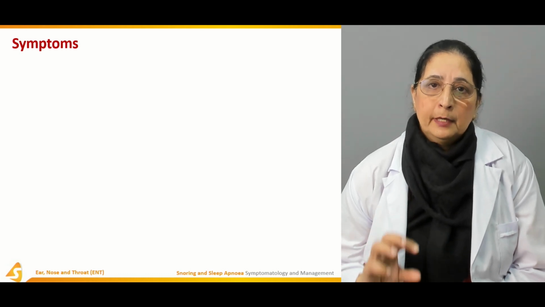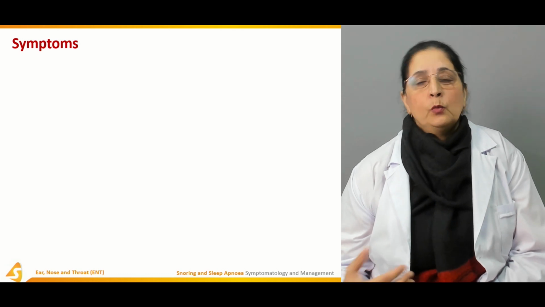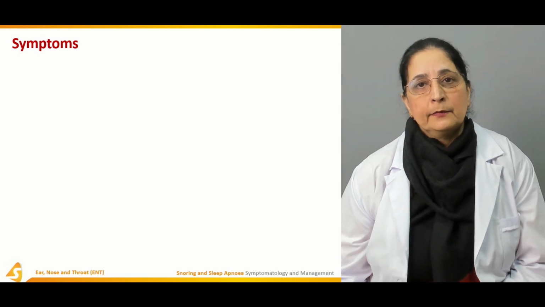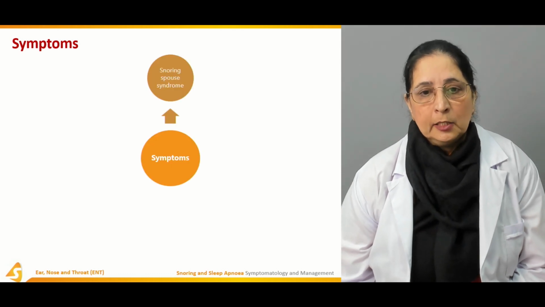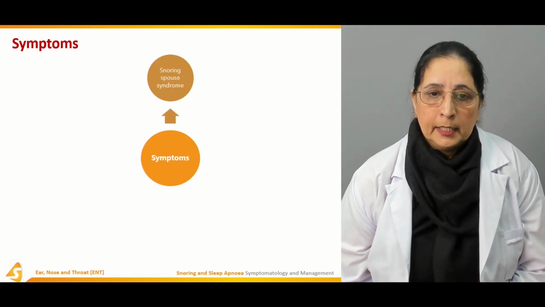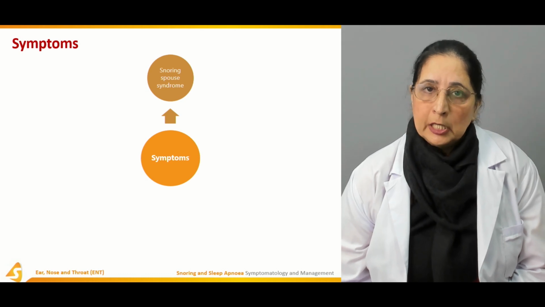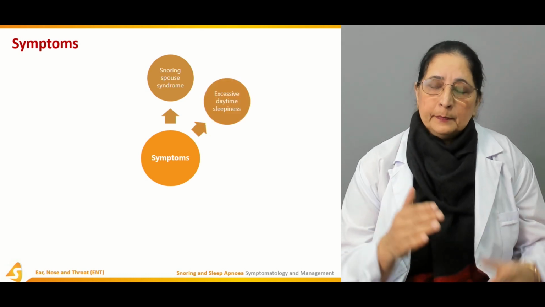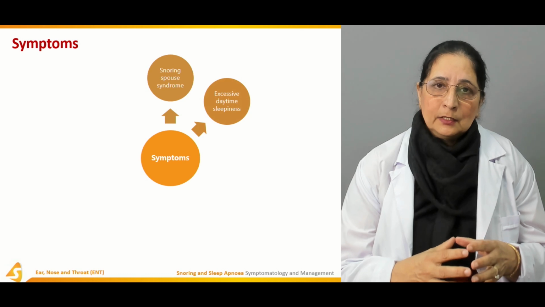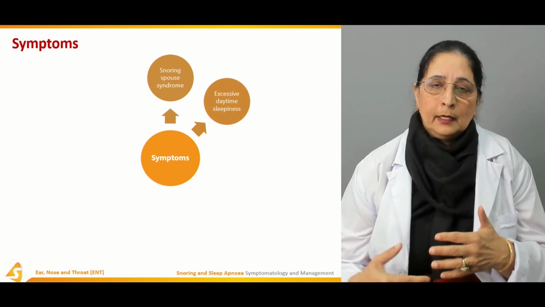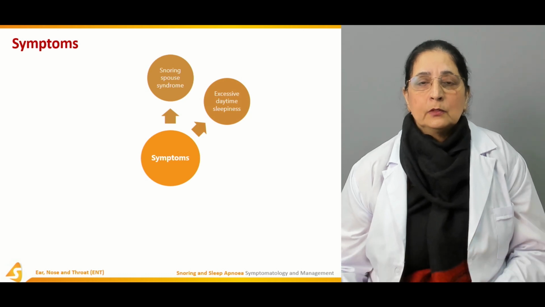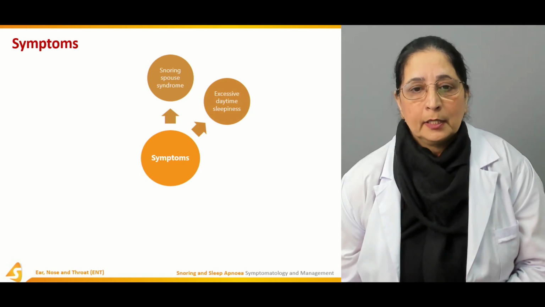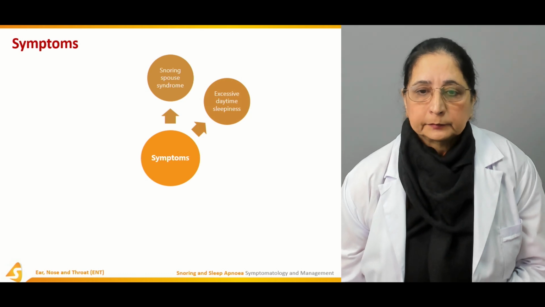So the person who snores can tell what different symptoms are associated with it. Symptoms include snorting spouse syndrome. If one person has a habit of snoring, the spouse usually starts snoring also. So that's the snorting spouse syndrome.